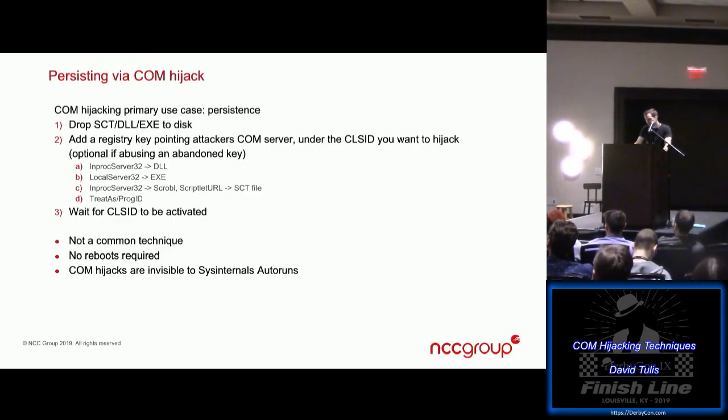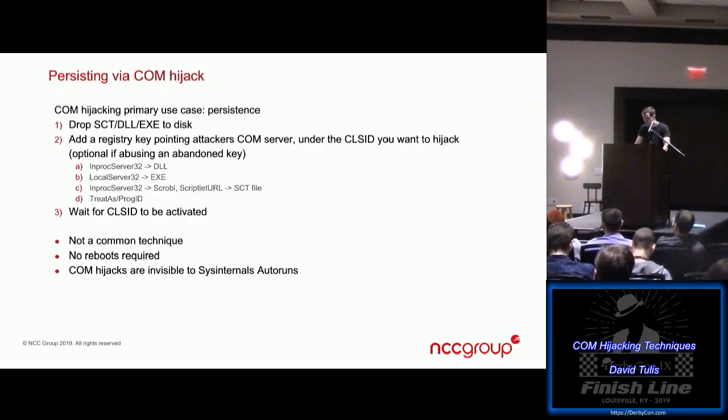So where can we use COM hijacks in our attack chain? As demonstrated, COM hijacks are exploited by dropping a DLL to disk, maybe making some registry key additions in the HKCU hive. We have several different options available for which keys we add and what kind of files we want to drop to disk. We chose class IDs which were often activated because as an attacker, I have an interest in having my code persistently run on a machine across reboots.